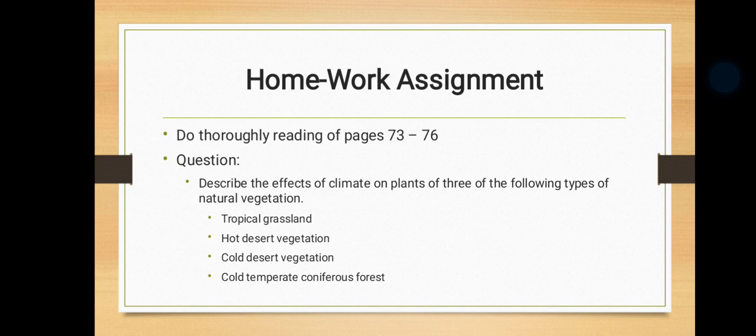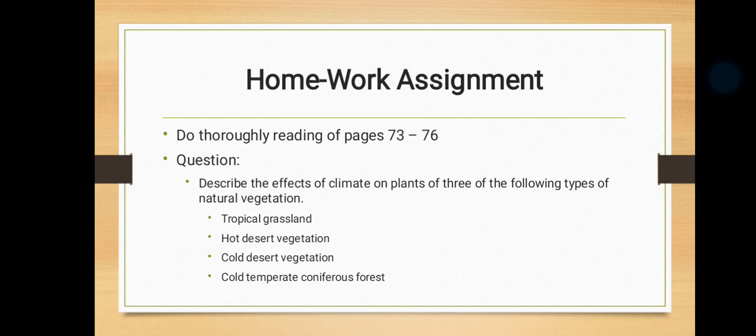Okay, you have tropical grassland, hot desert vegetation, cold desert vegetation, and cold temperate coniferous. You need to describe the effect of climates on plants, and you need to describe only three of them. Okay, there's no need to describe all of the types, so just pick the three.